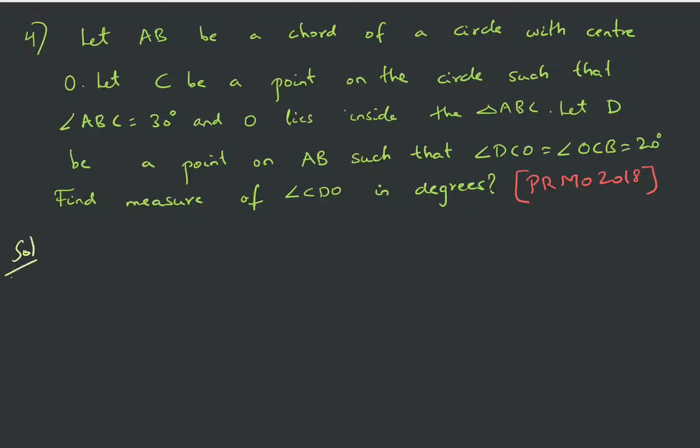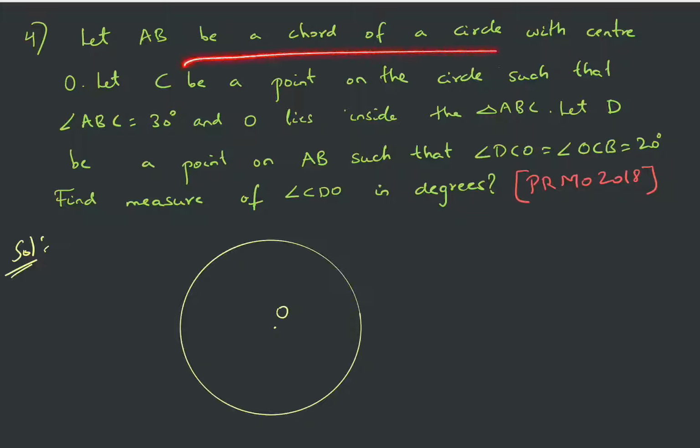Yes, so let us try to solve this problem. First of all, there is a circle, right? There is a circle in which ABC is a triangle. I mean, the circle is the circumcircle of triangle ABC. So let us draw a circle first with center O. AB is a chord of a circle with center O. So let us draw the chord AB.